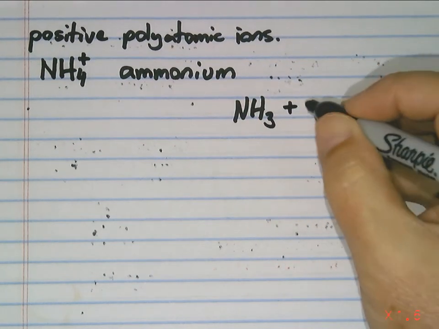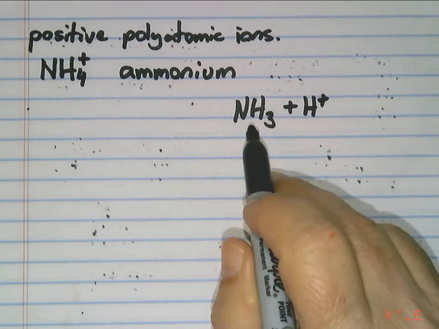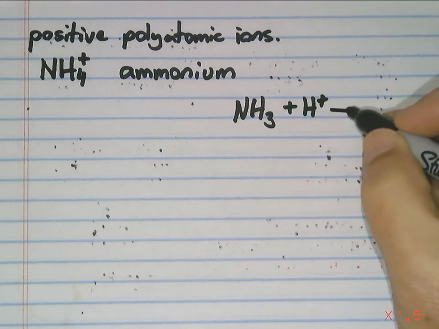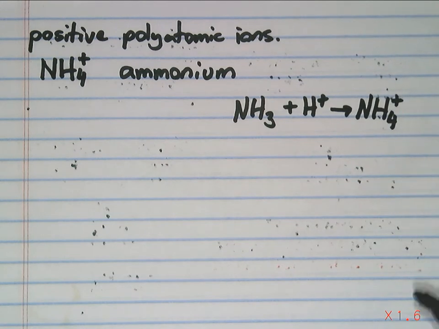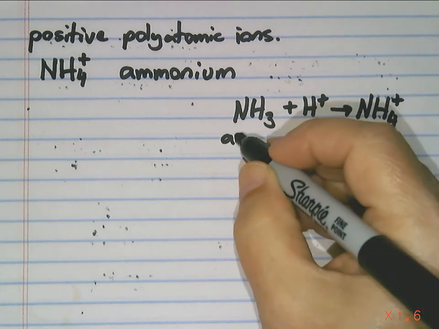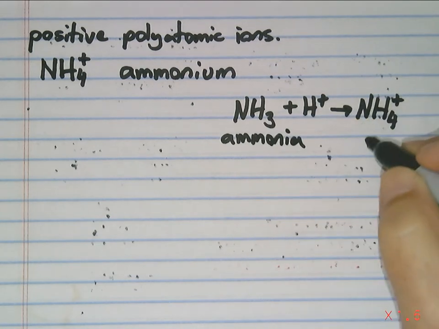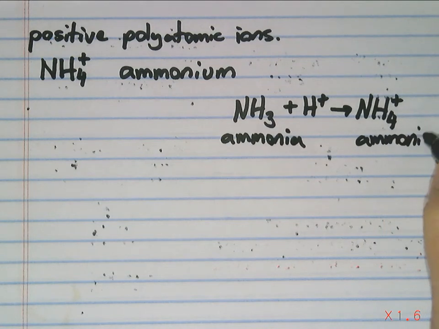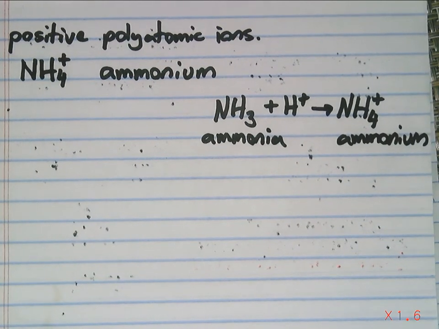If you take NH3, which we'll see later is called a base because it is something that grabs onto hydrogen ions, it will react with it and produce the ammonium ion. This NH3 is what you know as ammonia. And this is ammonium. So it seems like a small difference in their names, but it's really a big difference in behavior.